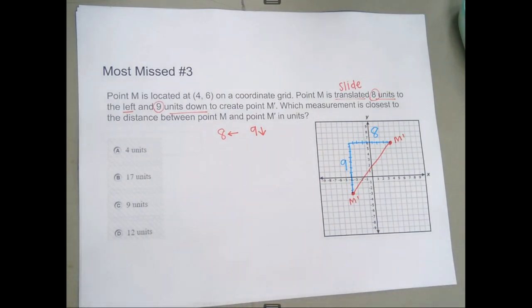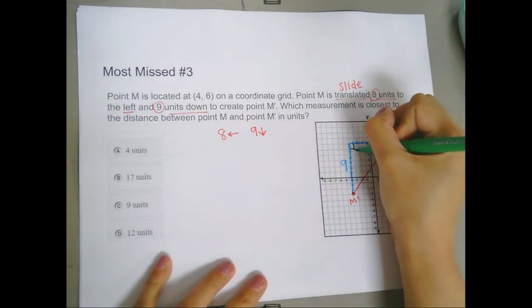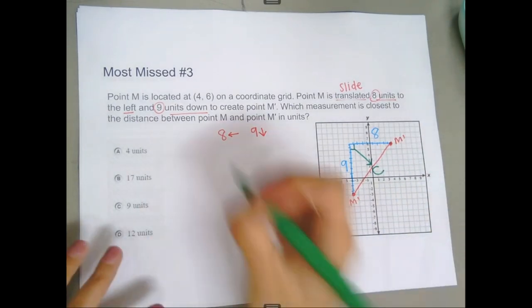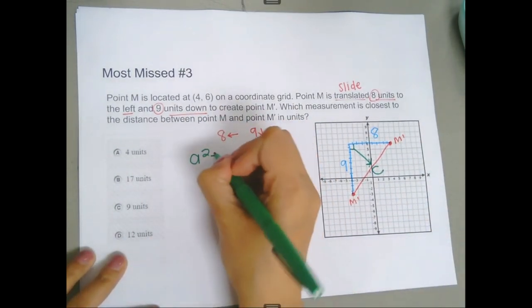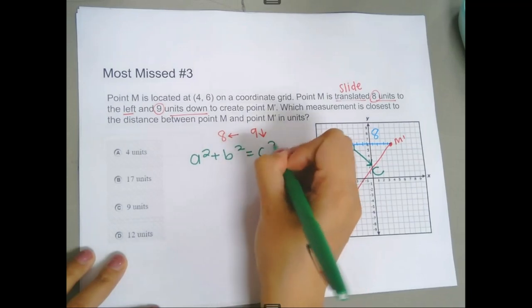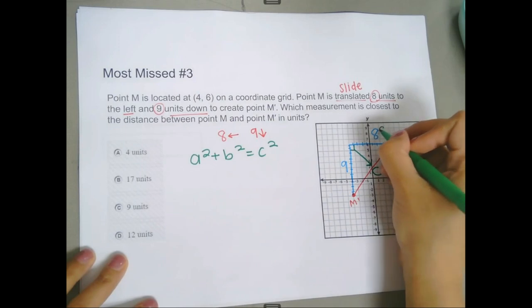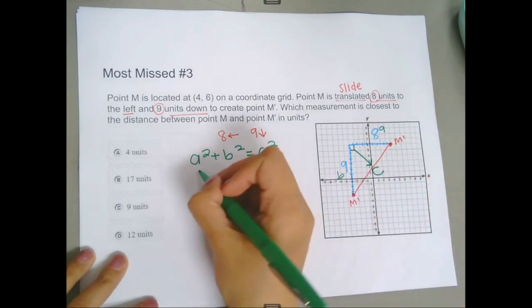Now, when we're using a right triangle, we need to remember that across from the right angle is always going to be the letter C. So if I have a squared plus b squared equals c squared, that tells me that we're looking for C. I'll go ahead and make 8 a and 9 b.